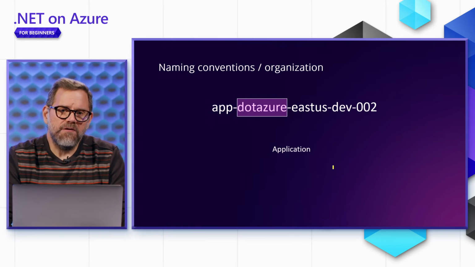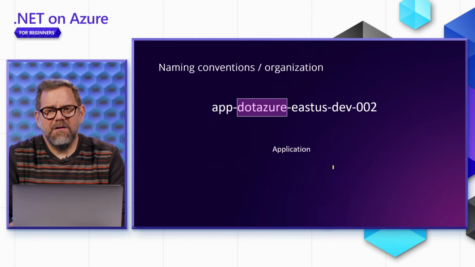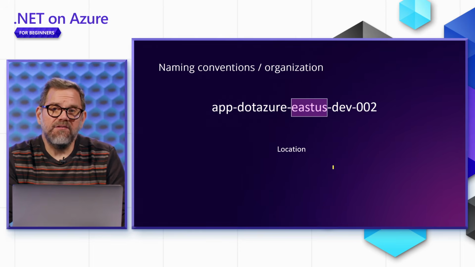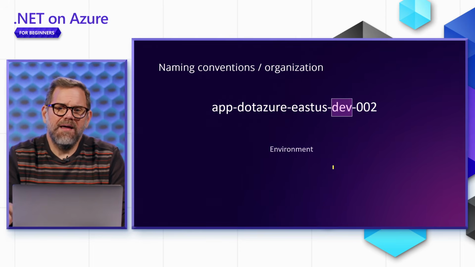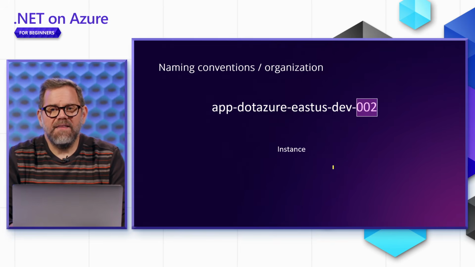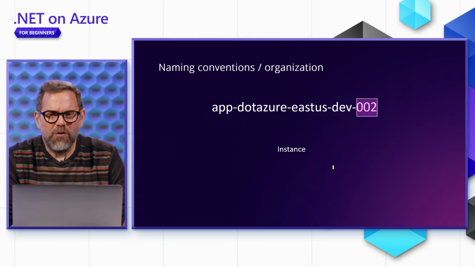So this is a web app called .NET Azure, where it's running, here running in East US, the environment, dev, and then the instance. So this is rather verbose, but just by looking at it, I can tell exactly what it is, which is great. Really, it's just a folder structure for me to understand everything.